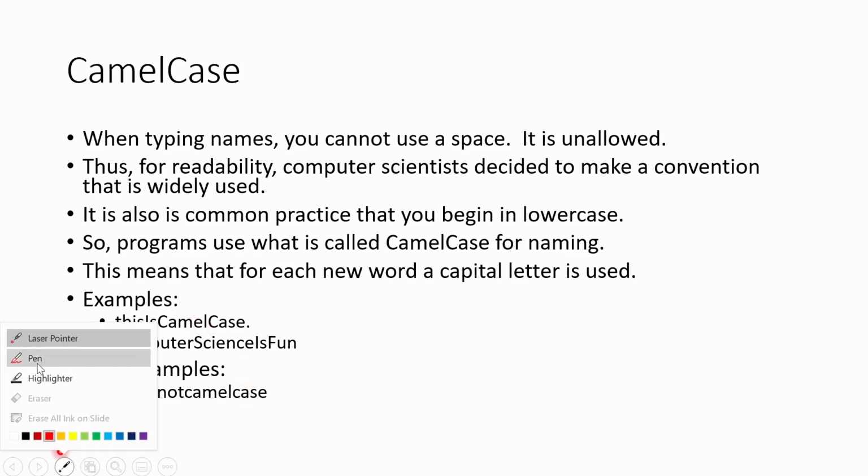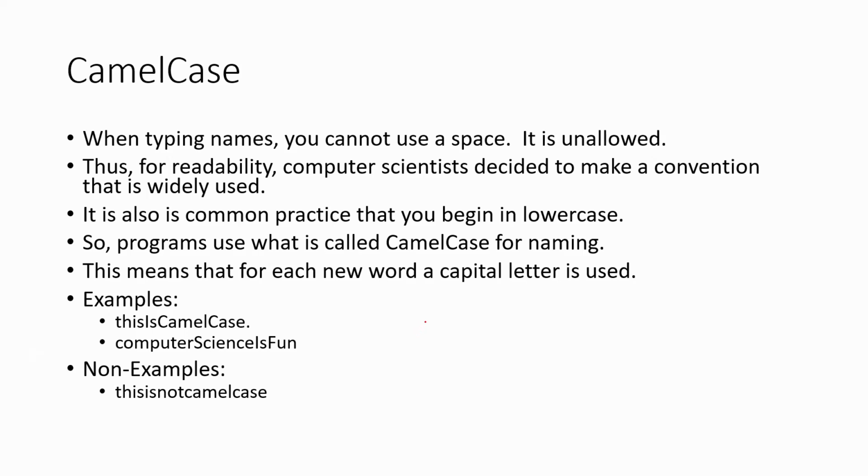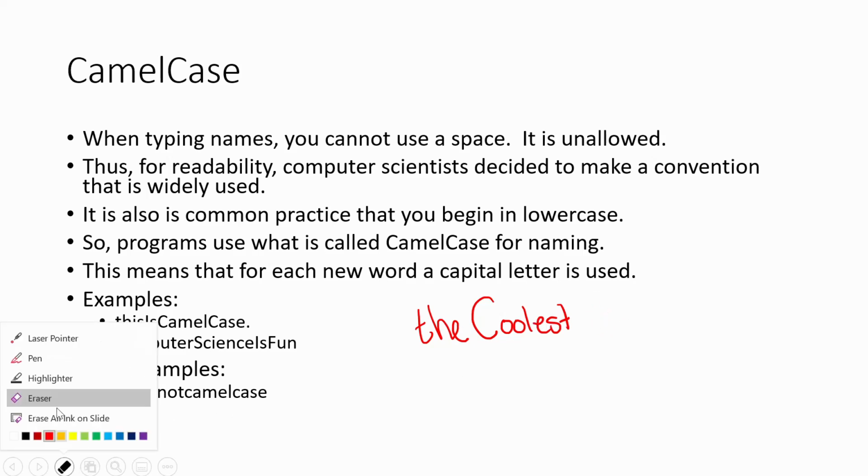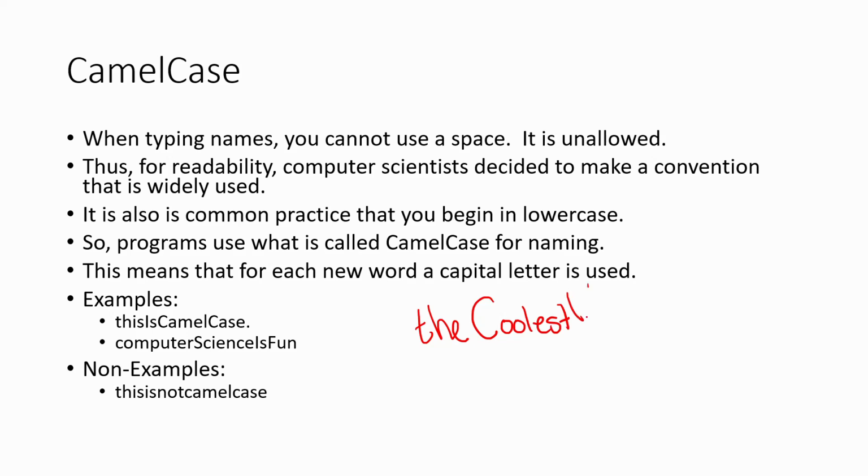So when I am making a variable, and like I said, maybe we want to name it the coolest variable. I will name it the lowercase t, capital C, coolest, capital V, variable. Oop, that was not very good. That looks like it has a space. Marsh, you can't have a space in the middle there. Let me fix that. There we go.